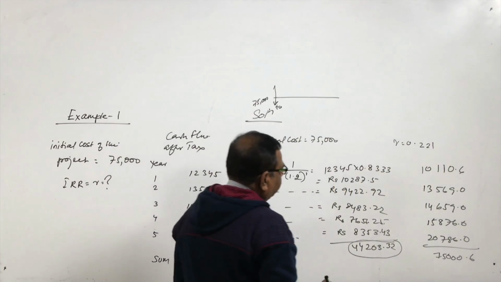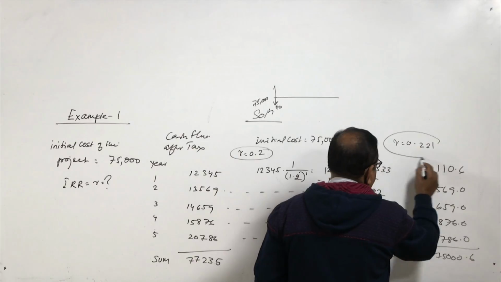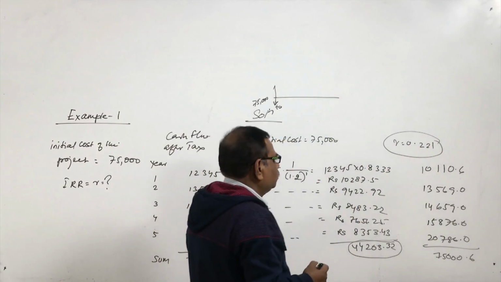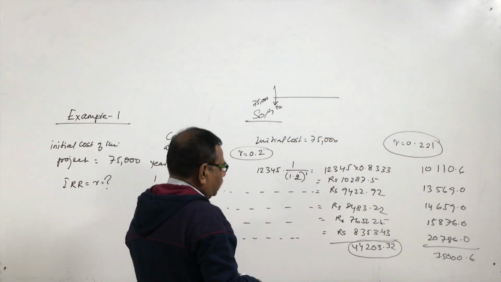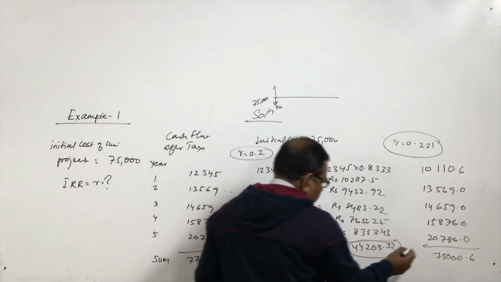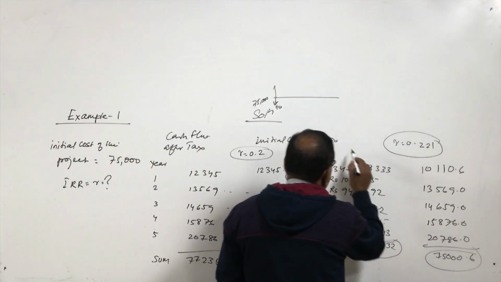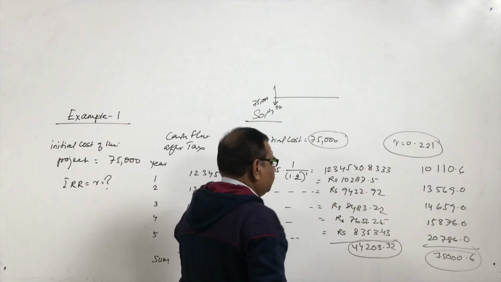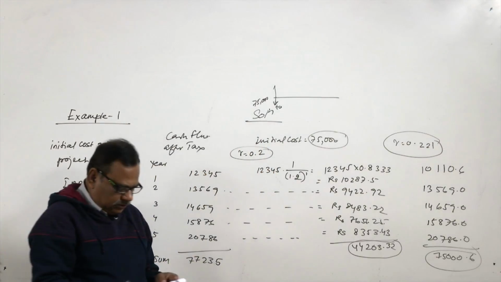So if I take R to be 0.221, this value matches with this value. That means the difference is 0.